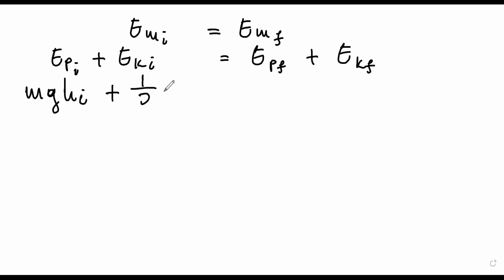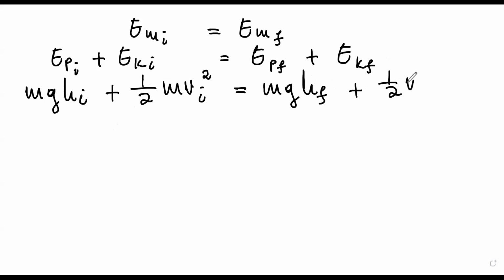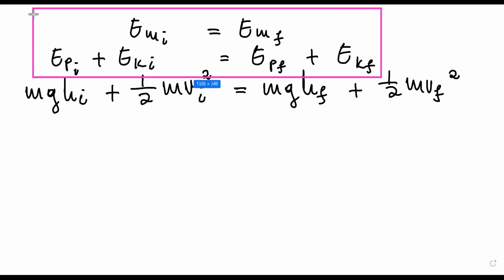Then for the kinetic energy, we say it's 1/2 m, and then we times this by v squared. So that's how we calculate the potential as well as the kinetic energy. And guess what? The first 2 steps are not really necessary. You can skip them. That's perfectly fine. You can skip those first 2 and go straight to the third step.